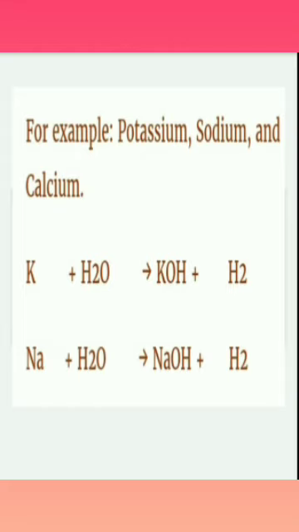Potassium plus water gives potassium hydroxide plus hydrogen. Sodium plus water gives sodium hydroxide plus hydrogen. So during this reaction, hydrogen is evolved. This hydrogen catches fire. So we have to keep the sodium in the kerosene.